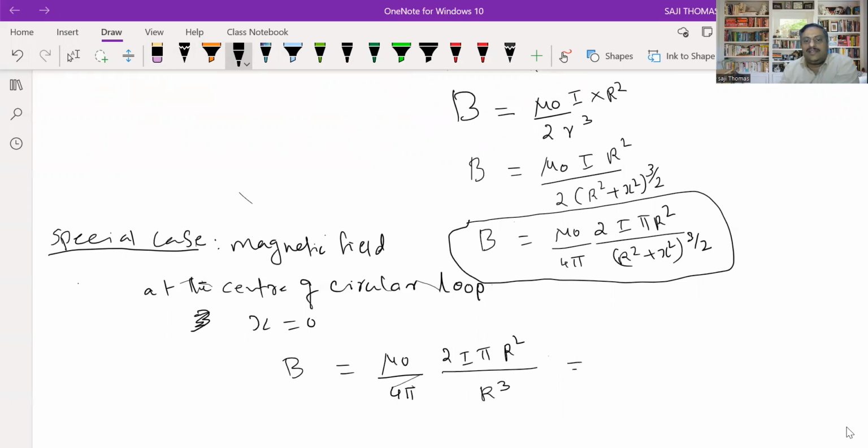You can cancel 4 pi, 2 pi. You will get mu 0 I r square and r cube gives 2r. So this is the magnetic field at the center of the loop, mu 0 I by 2r.